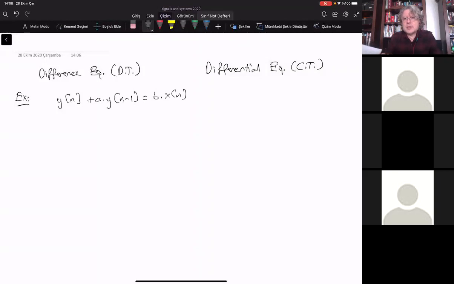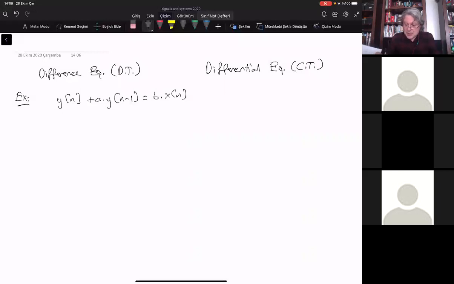In the future, we will develop much easier, better ways to find the impulse response from difference or differential equations. It will be a piece of cake. But right now, what we did was to recursively or iteratively solve and see what is y of n if an impulse is applied. So we apply an impulse and we iteratively solve for y of n, and that will be h of n. That's how we find the impulse response for now.